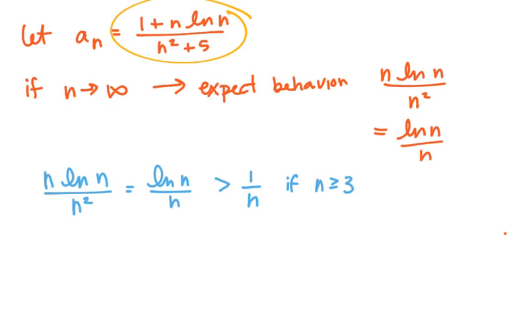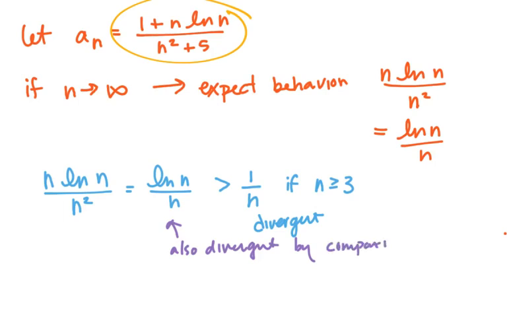And the harmonic series is divergent, right? So because this guy is divergent and it's smaller than ln n over n, this is also divergent by the regular comparison test, the direct comparison test. Okay, so ln n over n is divergent.